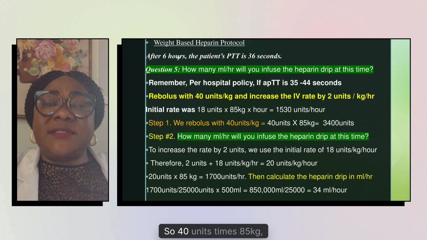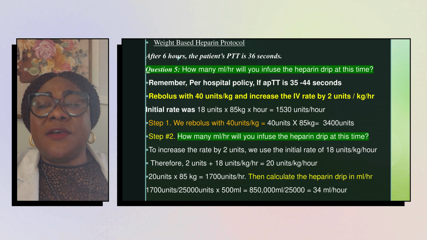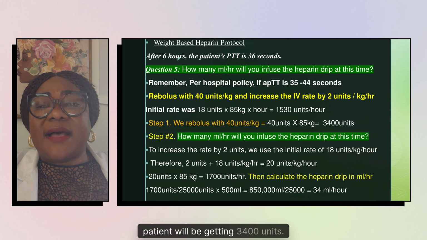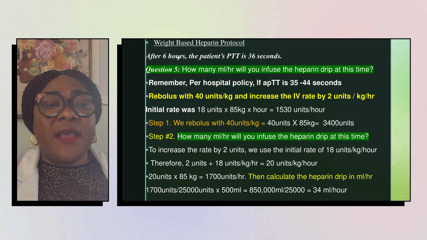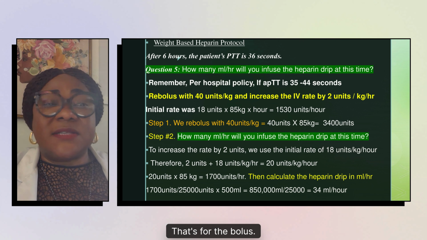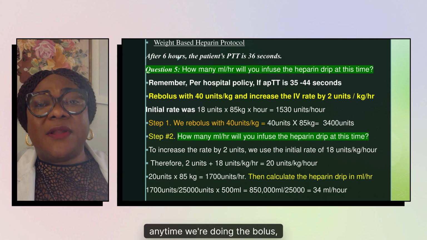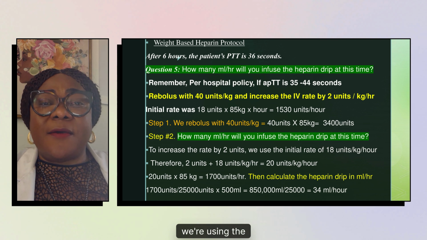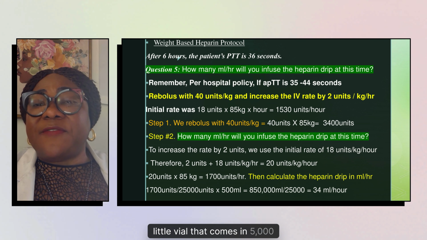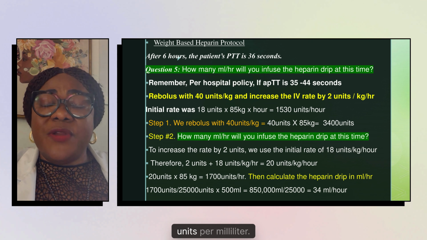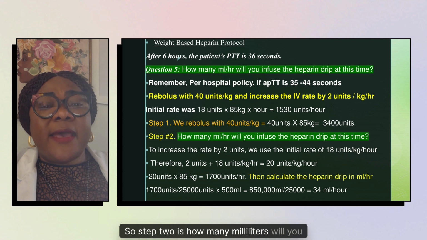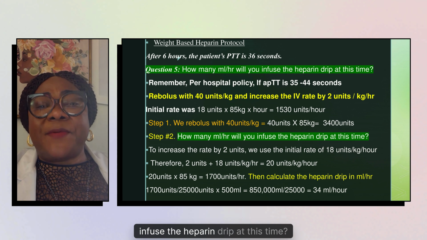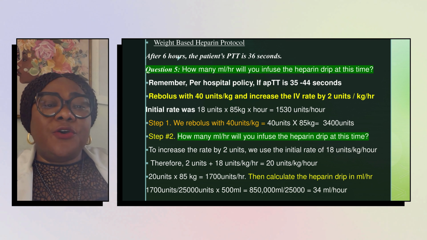So 40 units times 85 kg, patient will be getting 3,400 units. That's for the bolus. Remember, anytime we're doing the bolus, we're using the little vial that comes in 5,000 units per ml.